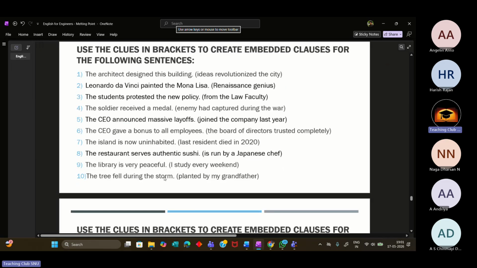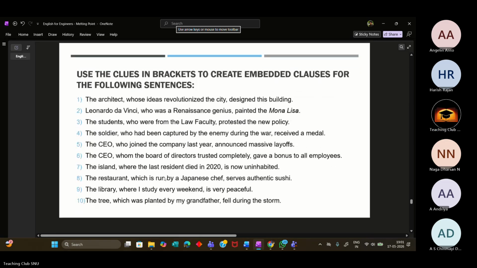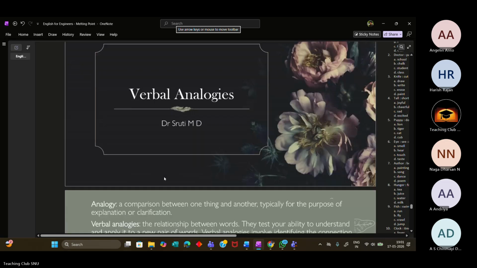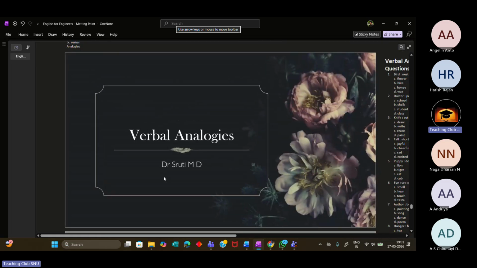And what else is there here? That's it. We have come to the last part of the grammar stuff, and that's verbal analogies. There's actually nothing here.